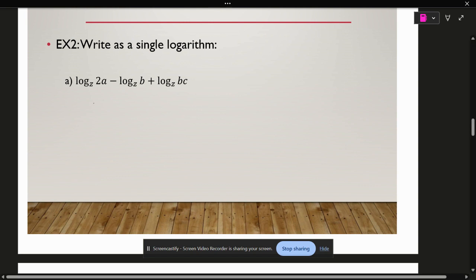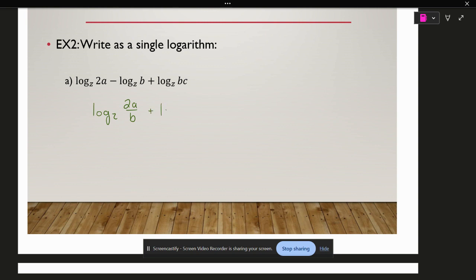So we're going to do log base z of 2a over b plus log of zbc. Now, some of you might be able to write that all out in one step with one log. I'm doing it in two separate steps so you can see where I'm going with things.